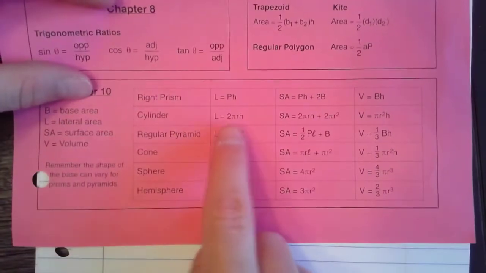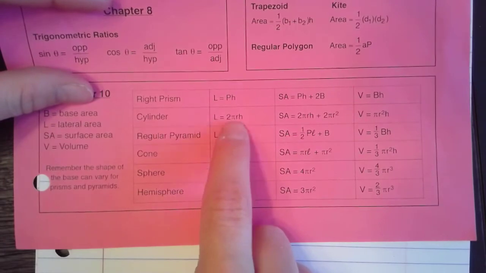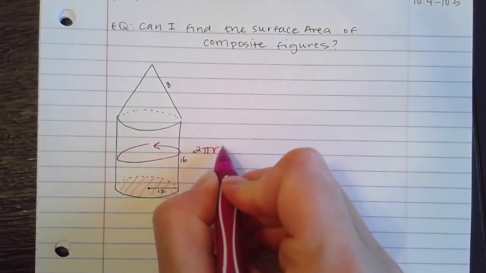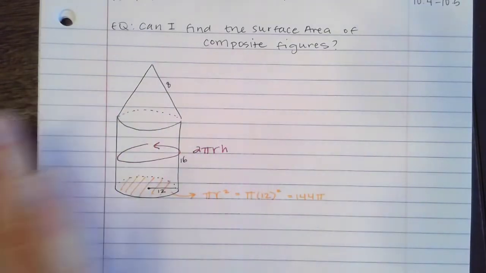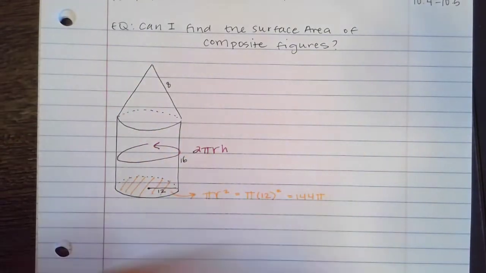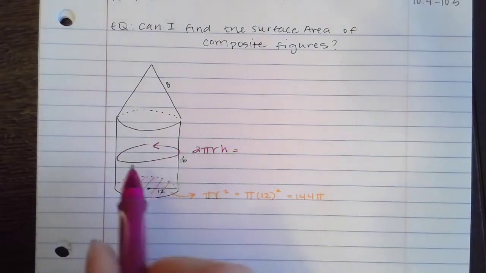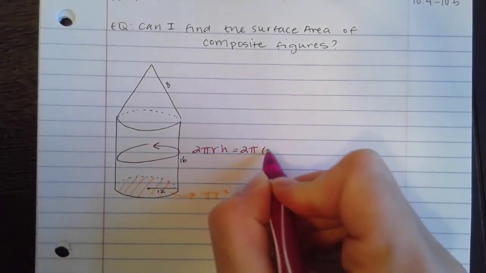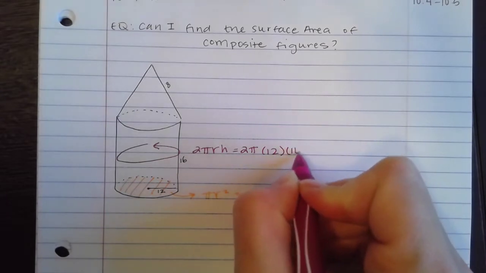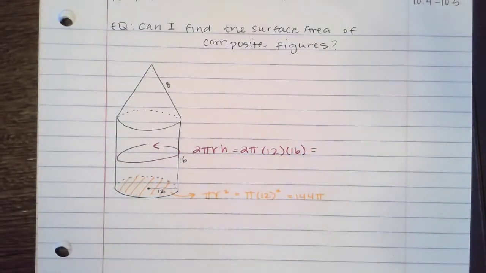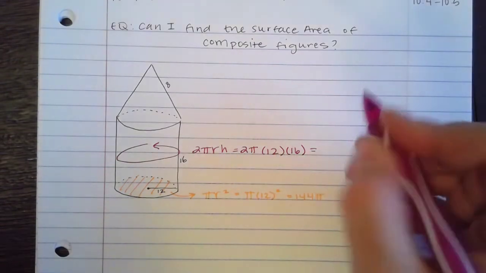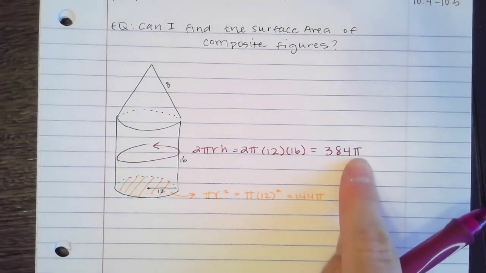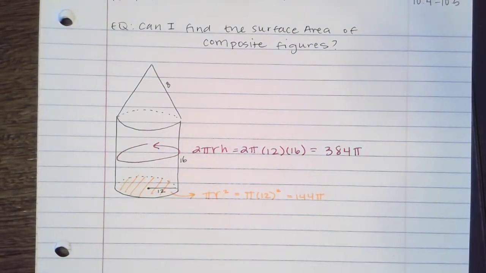I know that the lateral area of a cylinder is 2 pi RH, so that's what I'm going to use. 2 pi RH for the lateral, or the curved part of that cylinder, is 2 pi 12 times the height, which is 16. So I'm just going to multiply those coefficients together, and it's 384 pi. But again, I'm going to leave it in terms of pi until the very end, so I don't have to round.